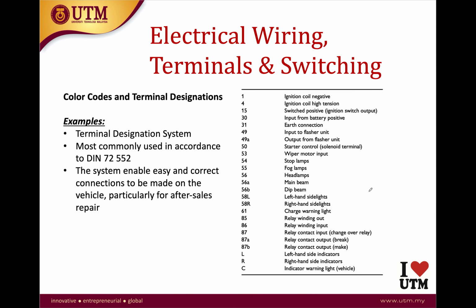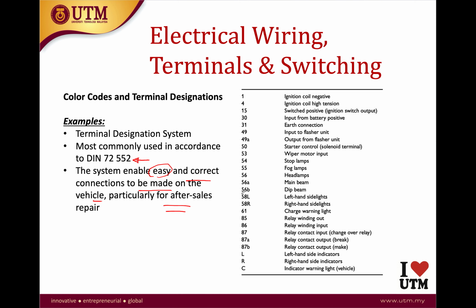And the next type is the terminal designation system. This is used in accordance with the standard DIN 72552. This system enables easy and correct connections to be made on the vehicle, particularly for after sales repair, meaning let's say if you decided not to go back to your manufacturer.